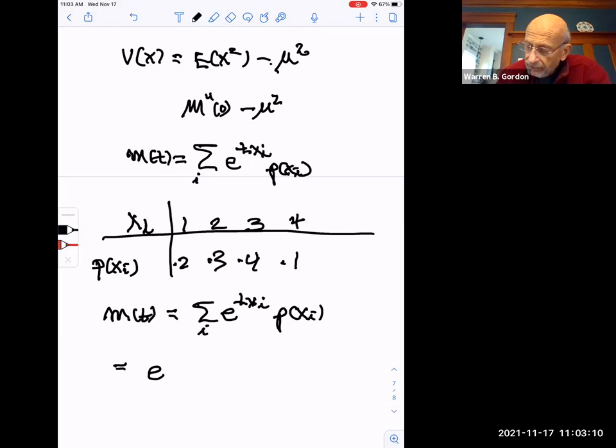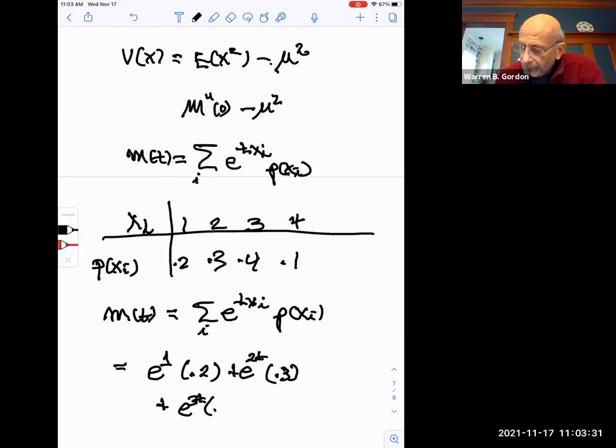So this would be e to the 1t times 0.2 plus e to the 2t times 0.3 plus e to the 3t times 0.4 plus e to the 4t times 0.1.